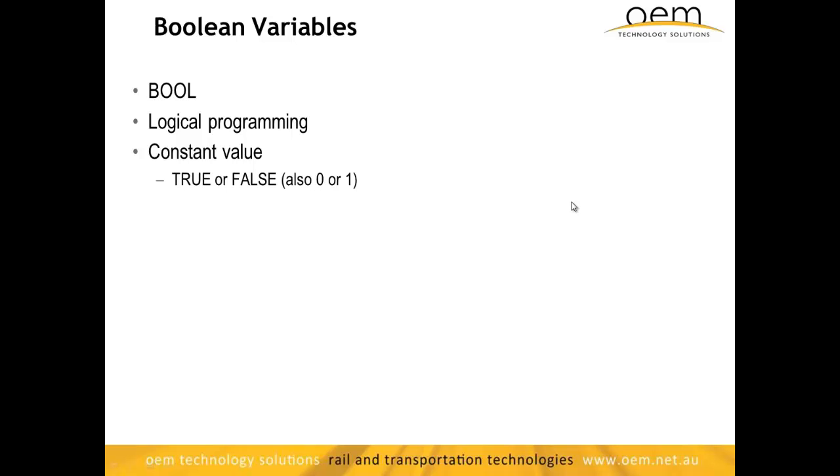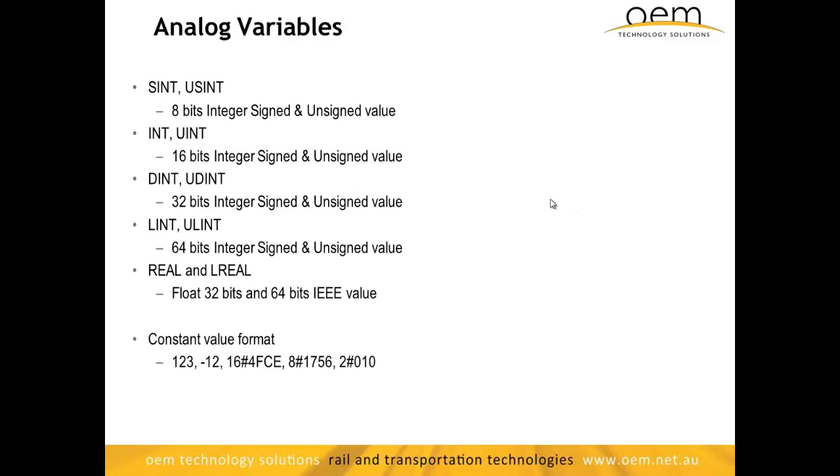The most basic variable type is Boolean, which has two possible values, true or false. There are then various analog variable types. Short integers, unsigned short integers, which are 8-bit values. Integers and unsigned integers, which are 16-bit values.